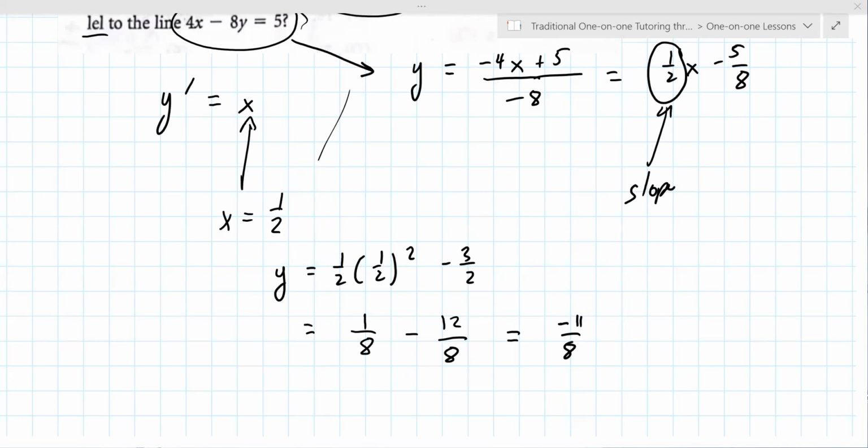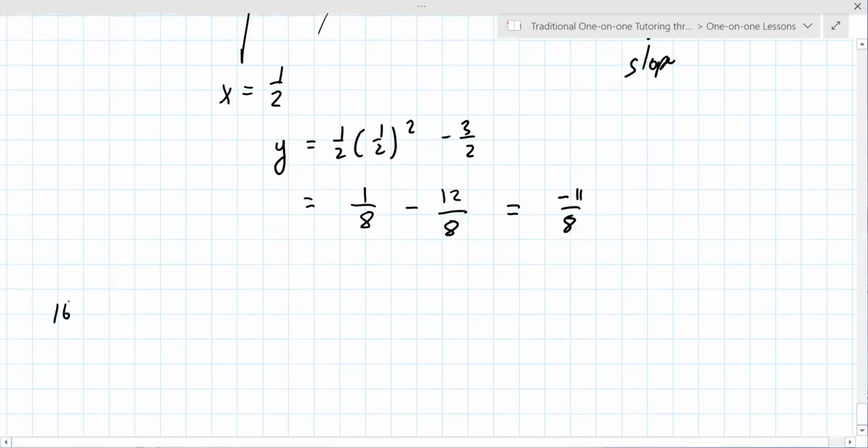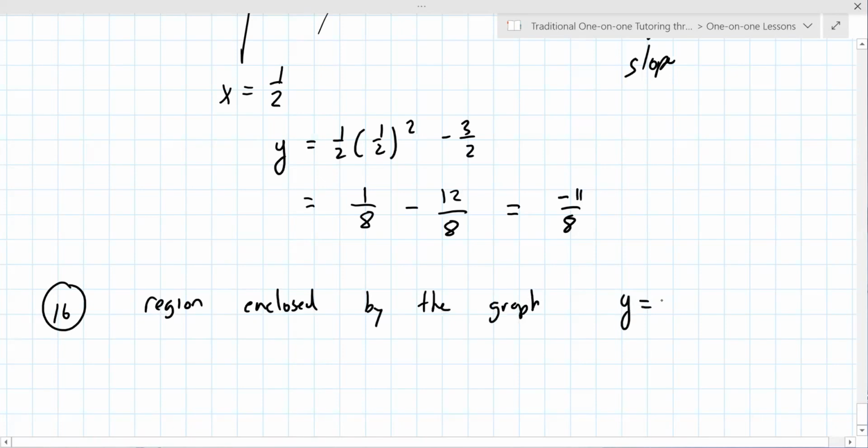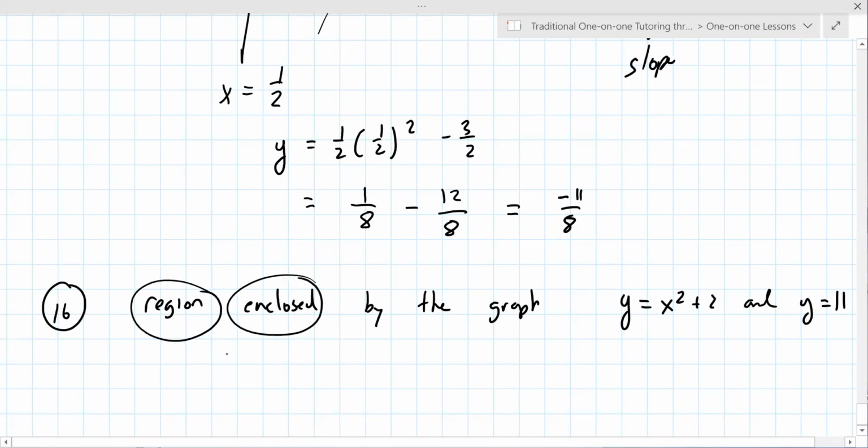Okay, let's do 16. It says the region enclosed by the graph y equals x squared plus 2 and y equals 11. Whenever it says region enclosed, you're supposed to think area under the graph.